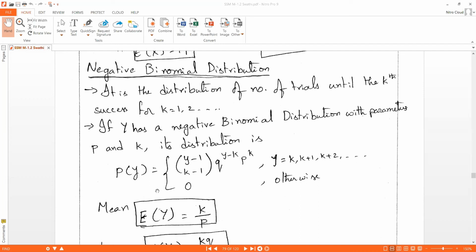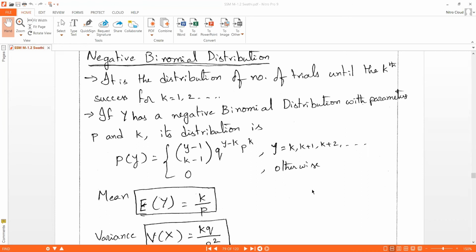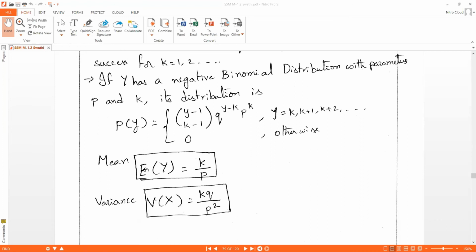Otherwise, it is 0. The mean value for the negative binomial distribution is E of y is equal to k by p, and the variance is V of y equal to k into q divided by p square.